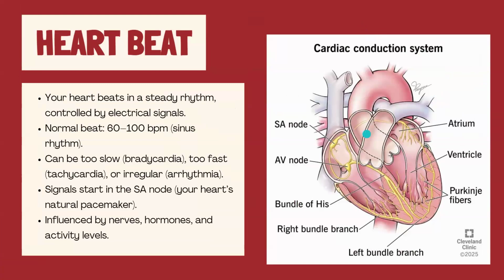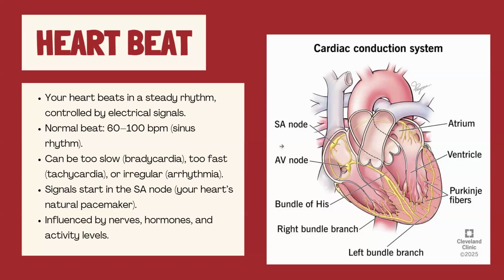This is a brief diagram which I'll be diving deep into today, and this is essentially the electrical pathway of the heart. The normal beat of a heart is roughly 60 to 100 beats per minute, depending on your age, gender, etc. It can be too slow, which is a condition called bradycardia, too fast, or irregular.